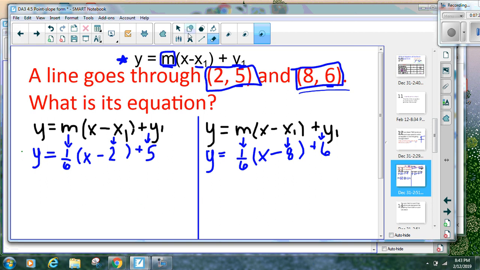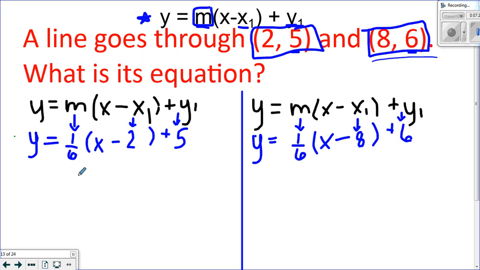What I'm going to do is simplify those two equations. If I use some distributive property and combine my like terms, let's see what I get. I have 1/6 times x, so 1/6 x. Again, I'm just using distributive property.